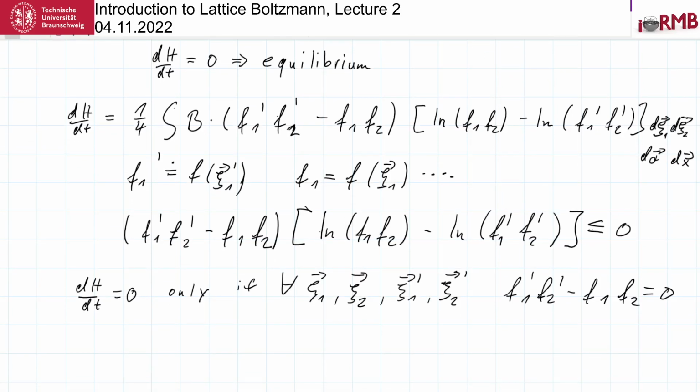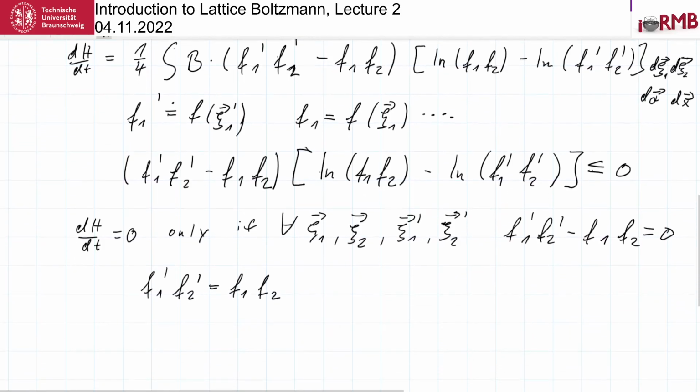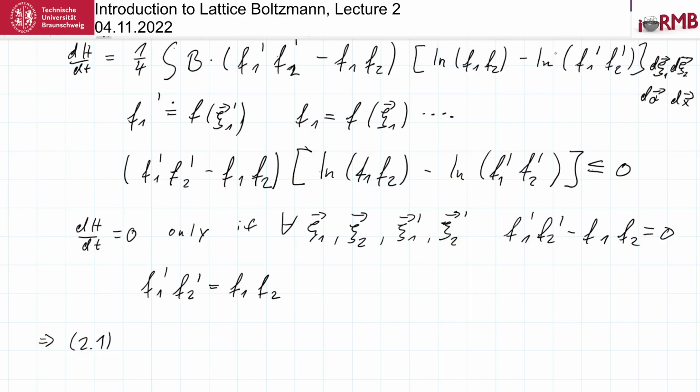Okay. This means they need to be the same, obviously. And this can also be expressed in a slightly different way, which we now call equation 2.1. Because we have here a product of two distribution functions, and the only thing that we really know about the distribution functions are their conservation laws.